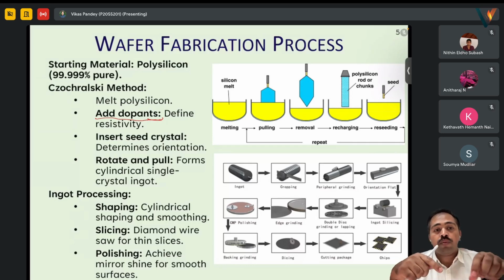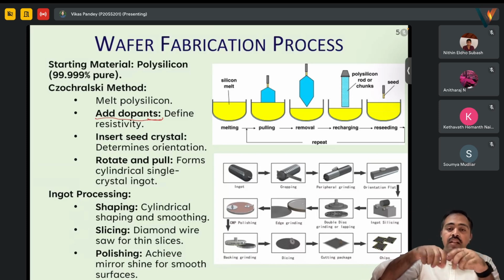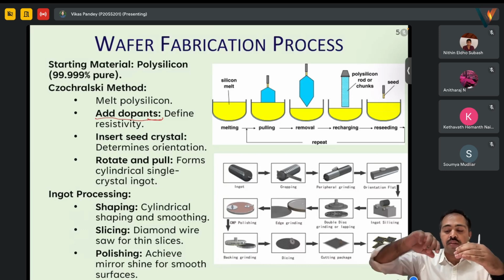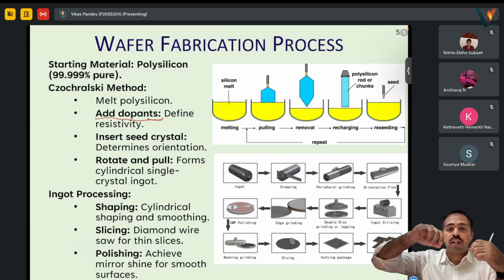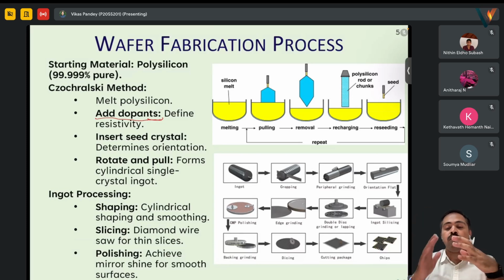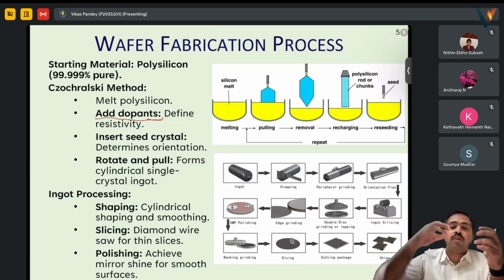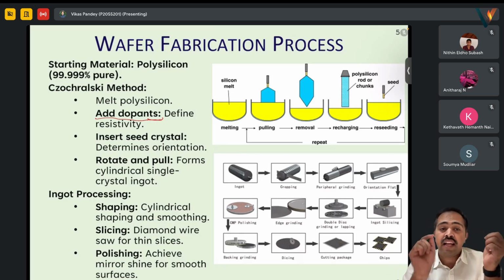Then we rotate and pull it out of the molten silicon. The silicon atoms will try to align themselves to the seed crystal, and when we take it out, it will be in the same orientation as the seed crystal.